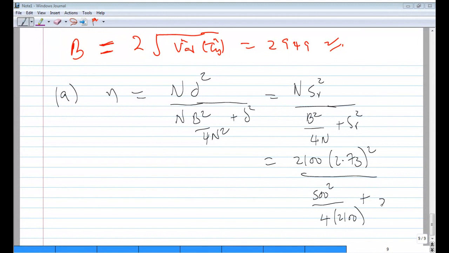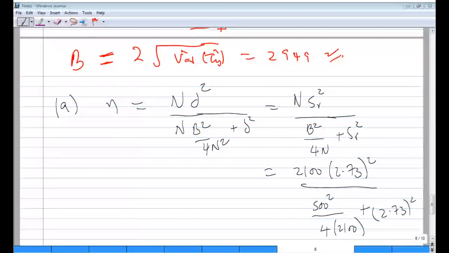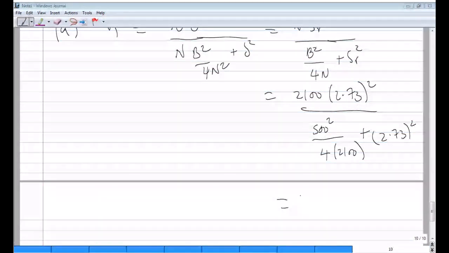plus 2.73 squared. Can you do the calculations for me?